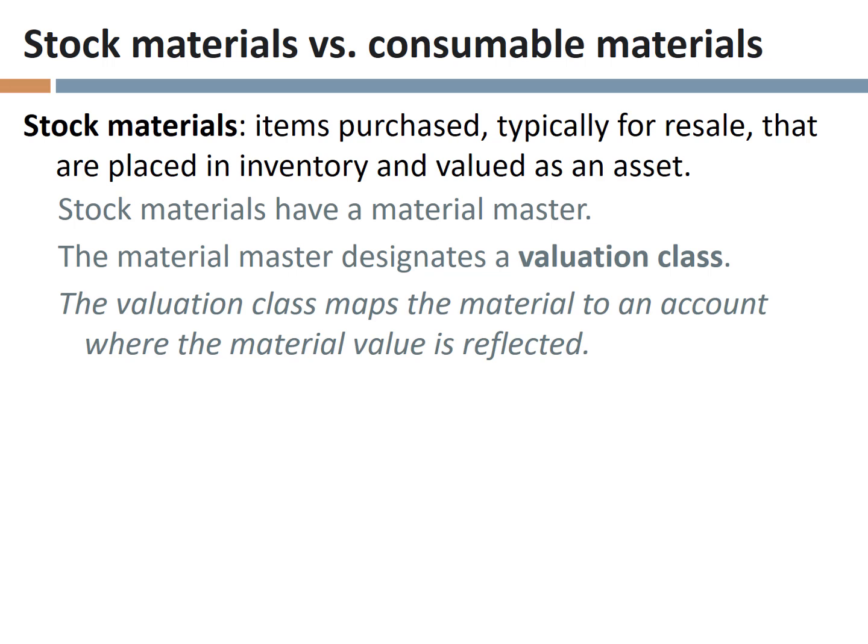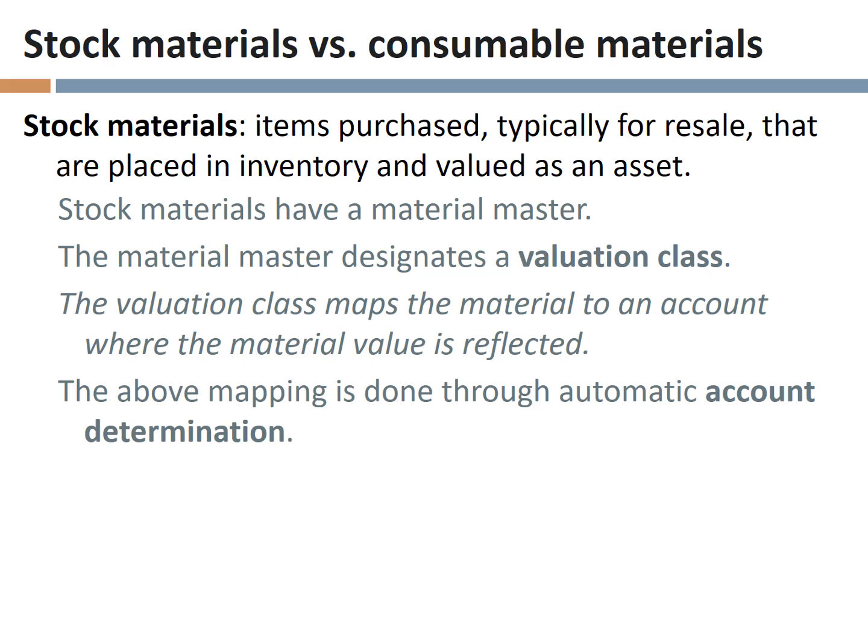And this is critical in our financial accounting processes because, as we observed before, this is the connection between materials management and financial accounting. The valuation class maps the material to an account where the material value is reflected. So these last two points are not new to us, but they're very important in the context of this point here.